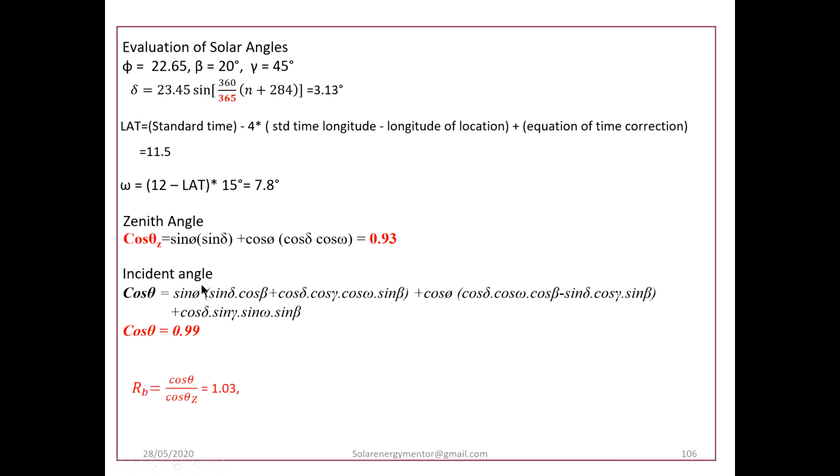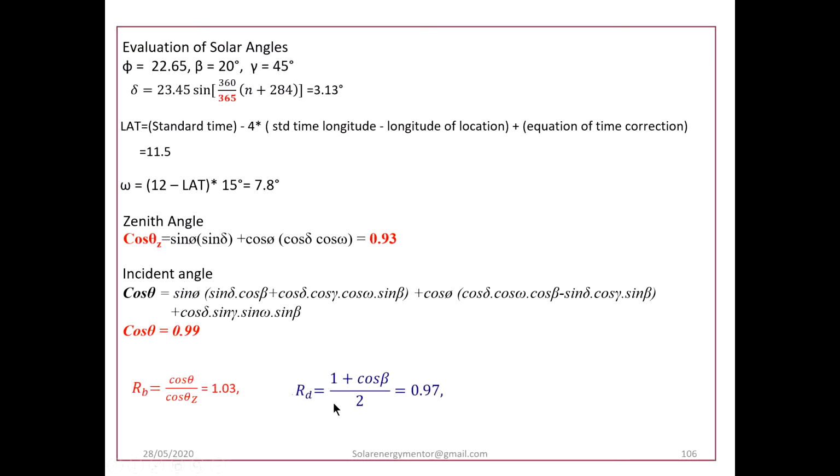Then the incident angle can be evaluated using this generalized expression. So cos theta comes out to be 0.99. So by knowing cos theta z and cos theta, we can find out the value of the tilt factor for beam radiation. The tilt factor for beam radiation is cos theta by cos theta z, which is already known. This is 0.99 by 0.93, 1.03.